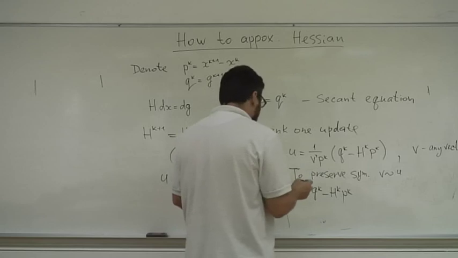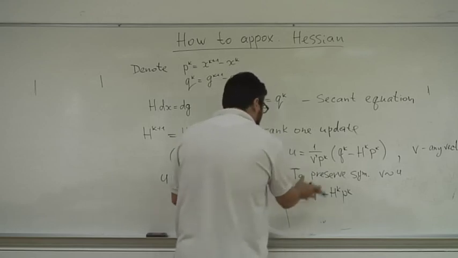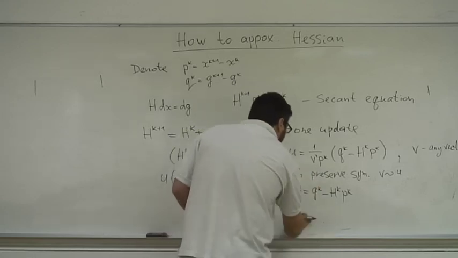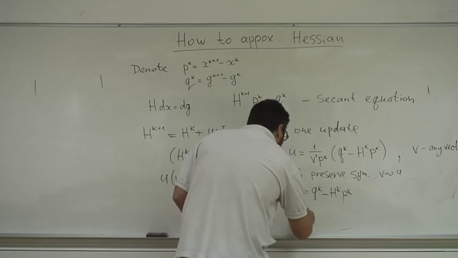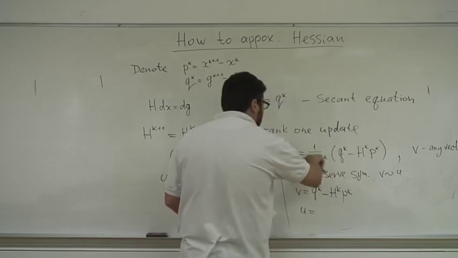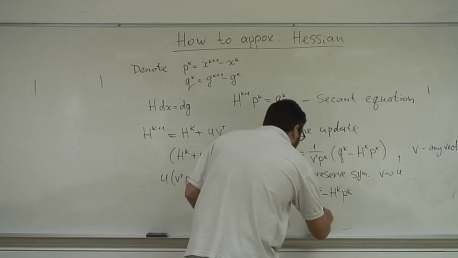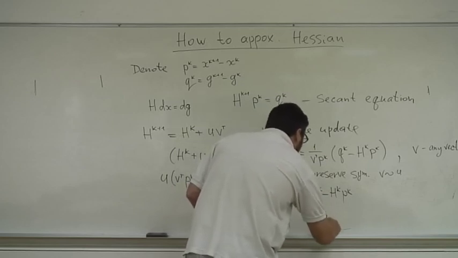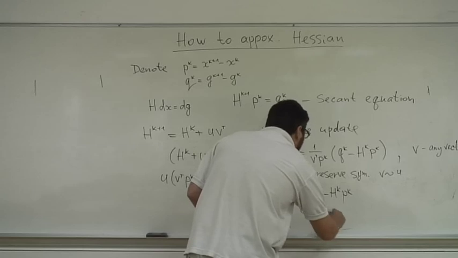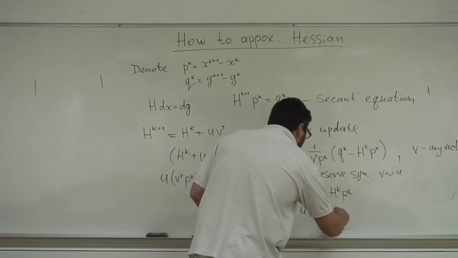And just to keep a compact expression, I can rewrite u as just some scalar, 1 over v transpose p_k, multiplied by v.